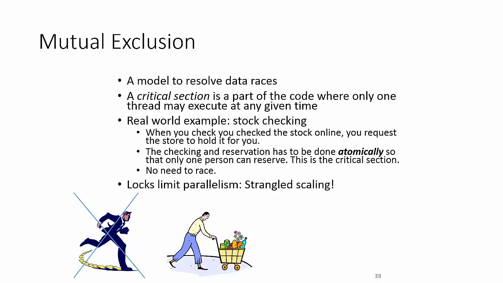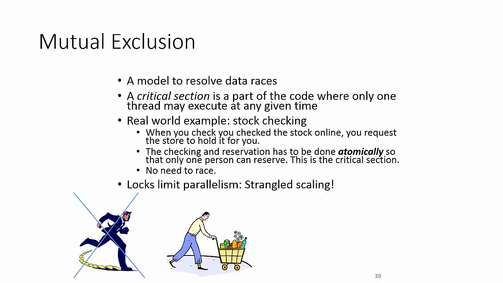Again, going to this stock checking example, when you check the stock online, you request the store to hold it for you. So you request the store to have mutually exclusive access to this particular check. The checking and reservation has to be done atomically, so that only one person can reserve it at any given time. And there is no need to race. You can take all the time you like to go to the store and get it.